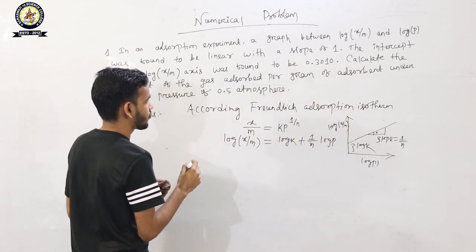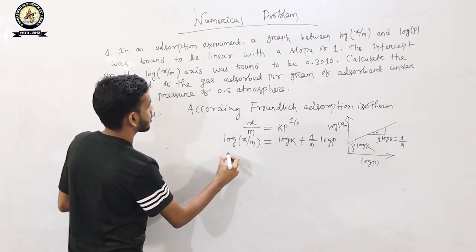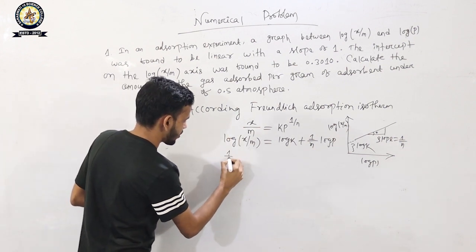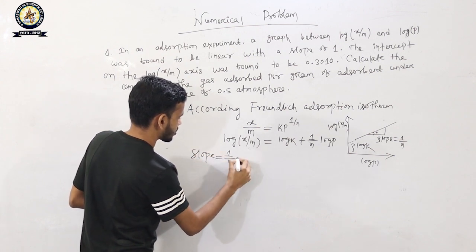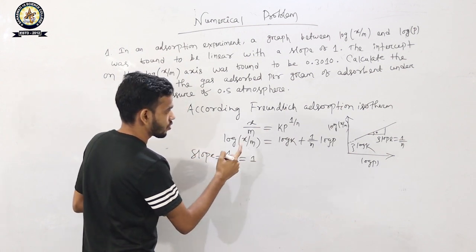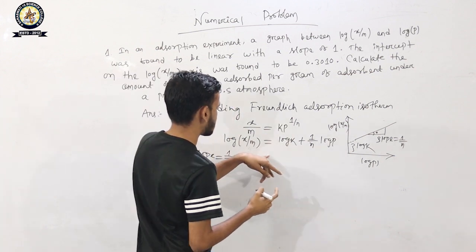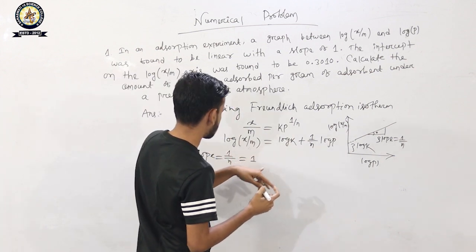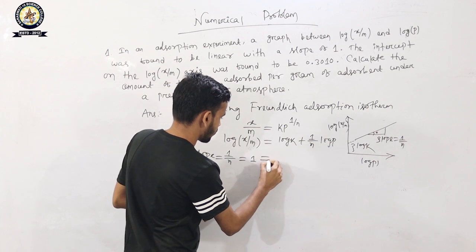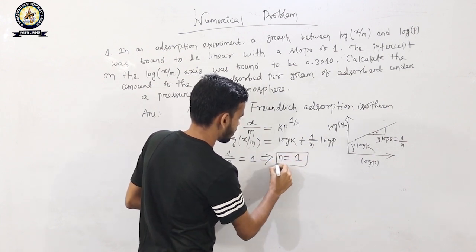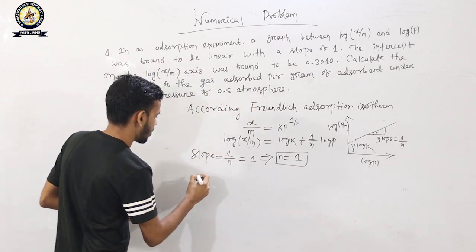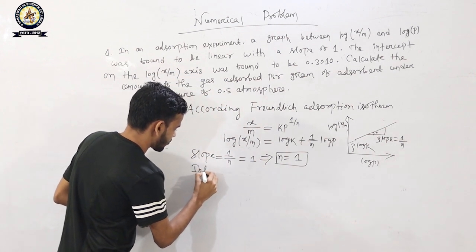So if we plug those things in, the slope that is given is 1, and we know the slope in this linear equation is 1/n. So from here we got that the value of n is 1.